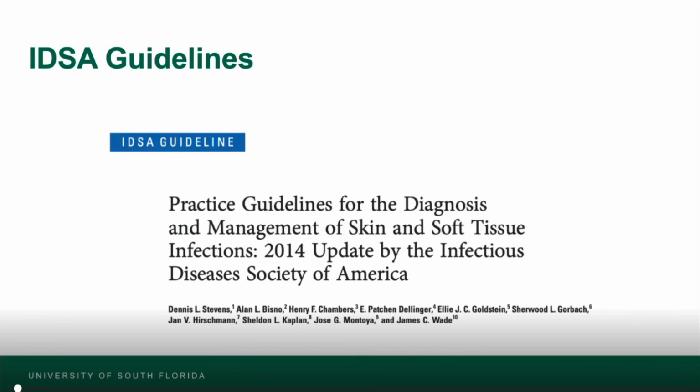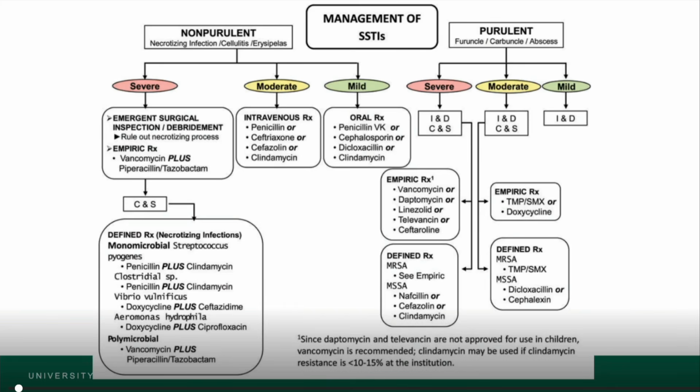There are IDSA guidelines for skin and soft tissue infections. They are over a decade old, so these infections aren't that different, but there may be some things that have updated. We're going to go through all the different types, but I want to make sure you have all seen this figure from the guidelines, because it defines how we treat a lot of these.